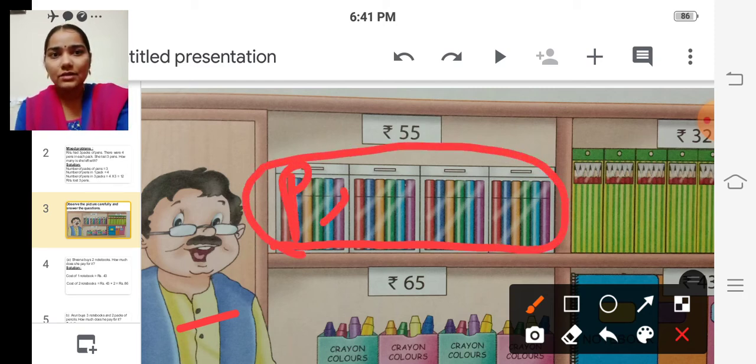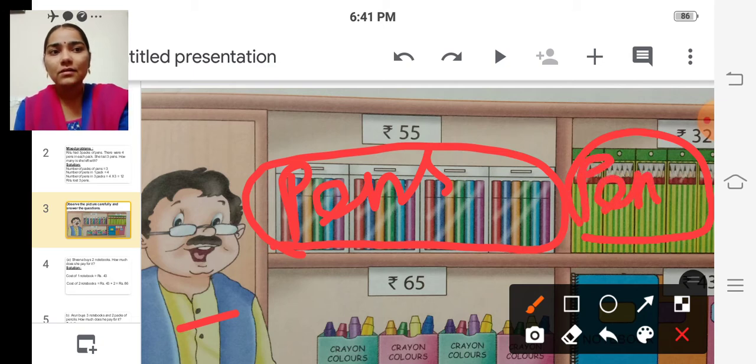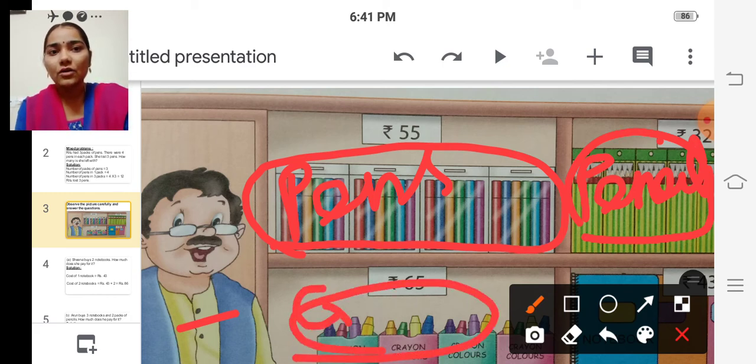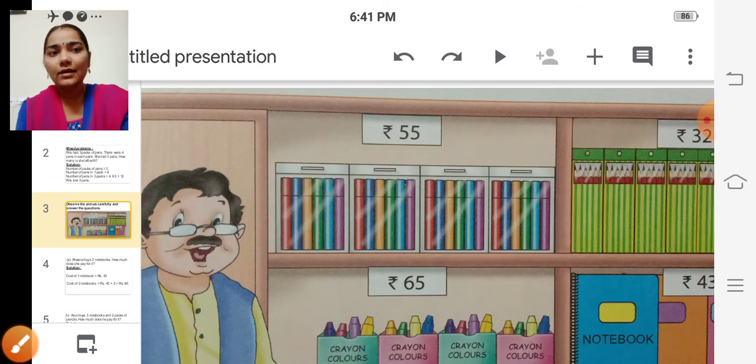These are all packs of pencils. And these are all packs of crayons.